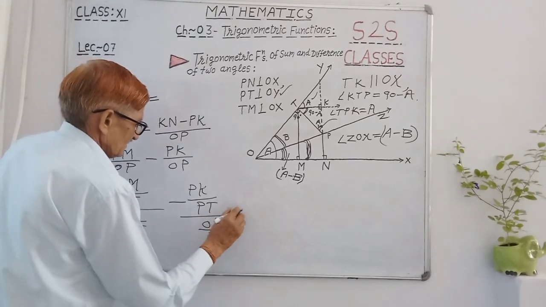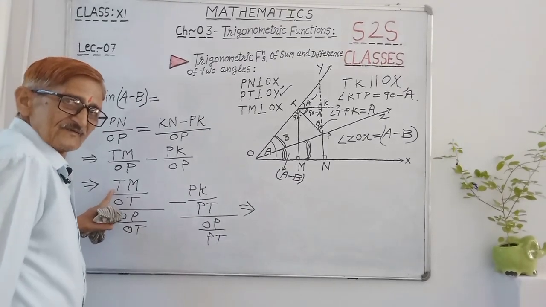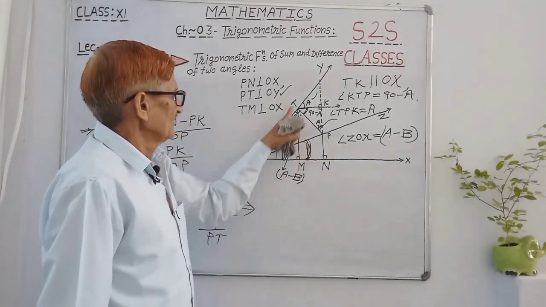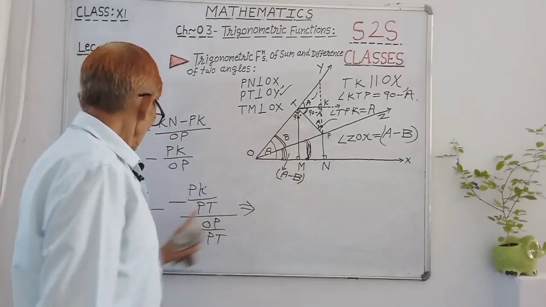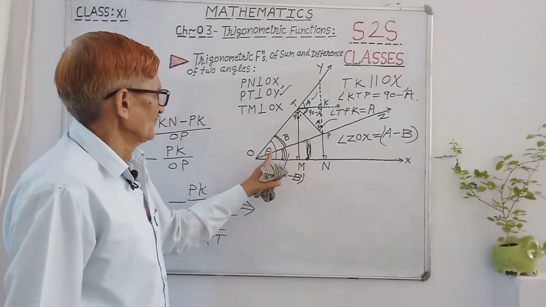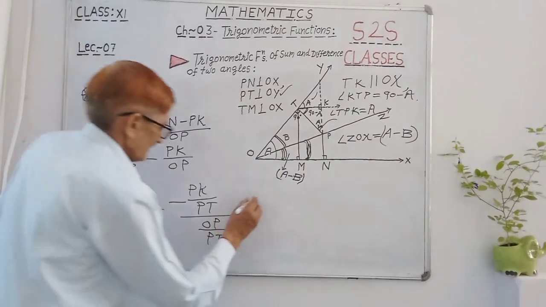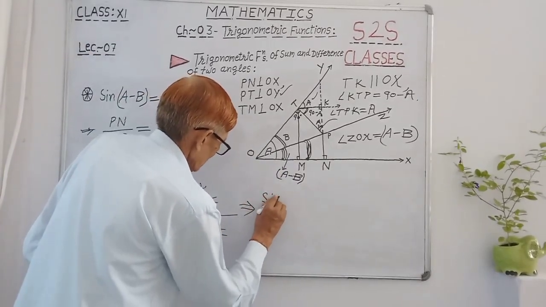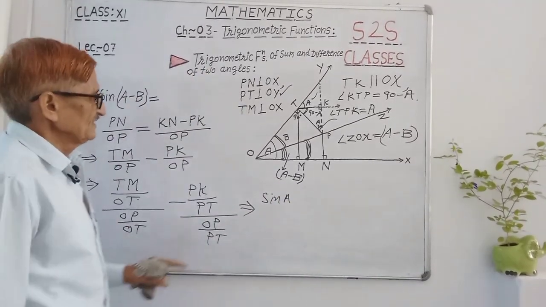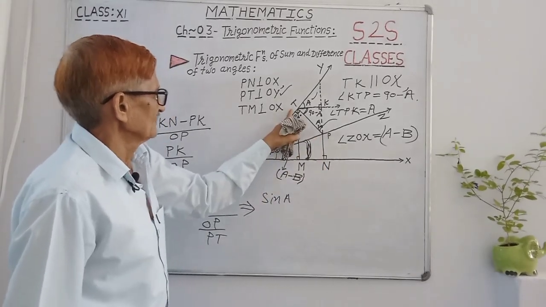After that, observe by the figure which trigonometric ratio this TM upon OT is. In right triangle TMO, opposite side of angle A upon hypotenuse, so it is sin A. Then OP upon OT. In which right triangle?